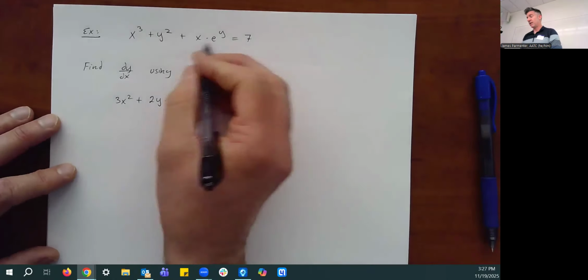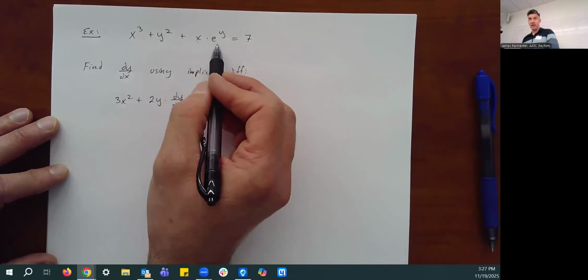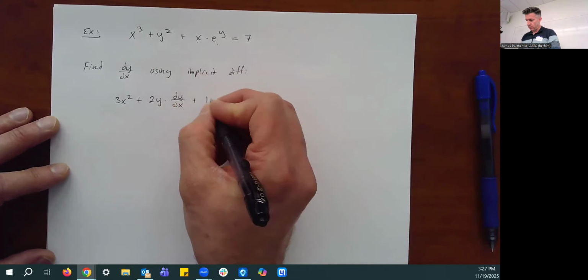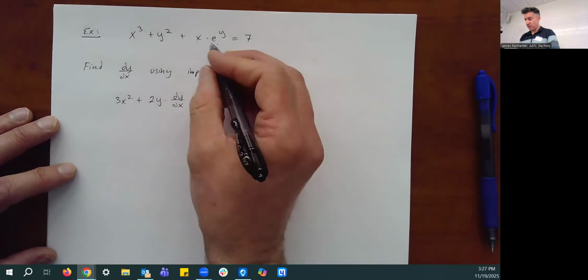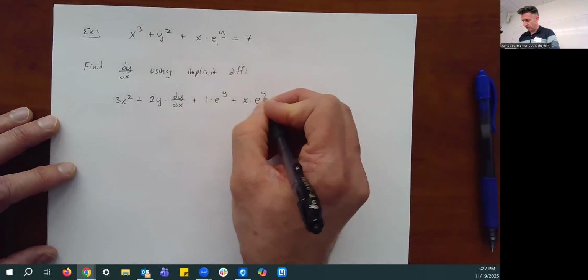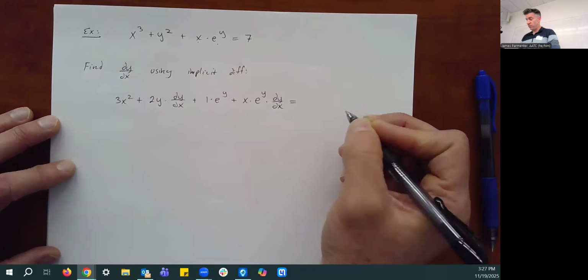And then the derivative of x e to the y, we're going to have to use the product rule because it's a function of x times a function of x. So it's going to be 1 times e to the y plus x times the derivative of e to the stuff, which is e to the stuff times the derivative of the stuff, equal to the derivative of 7, which is 0.